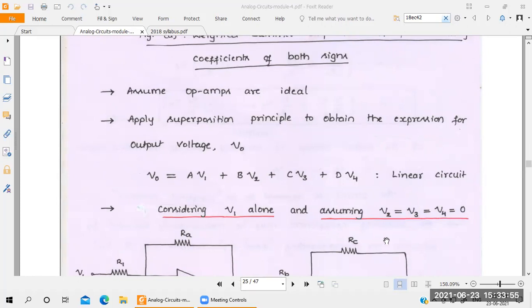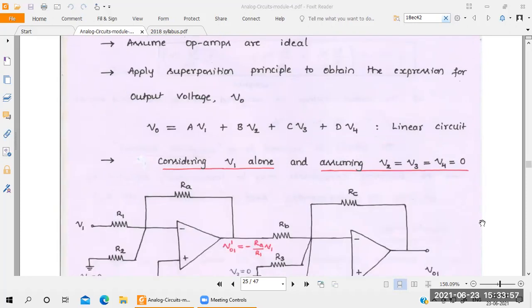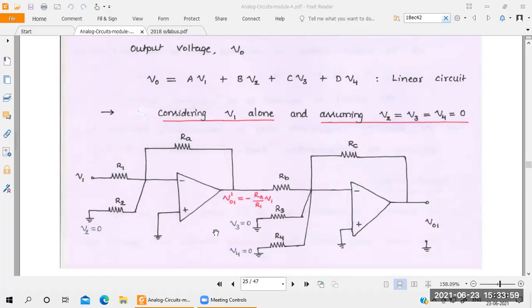For finding the V1 contribution, consider the remaining voltages to be 0. When V2 is ground, V3 is ground, V4 is ground, then we can find out the V01 voltage, the output voltage due to the V1 source. So first you take V1. What is the output due to V1 now?